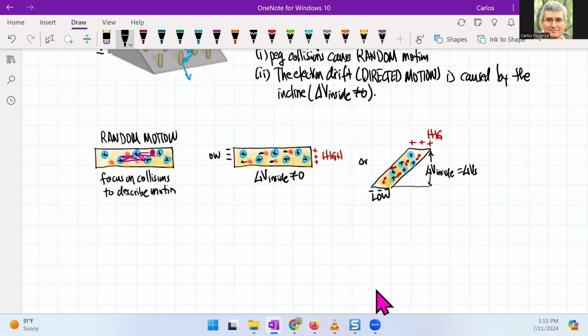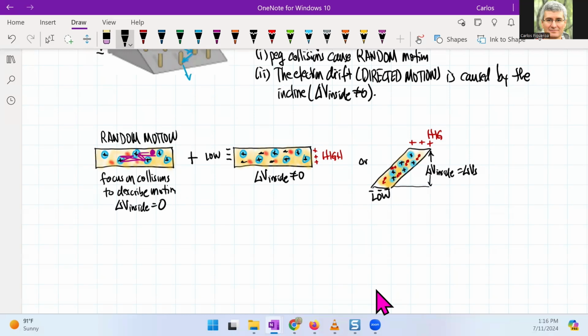Now we put a potential difference across this thing. So in this case, we have a high and we have a low. And even though I didn't write this, I should have. The voltage inside of this thing is zero. It's all because these guys have an internal speed of about 1,000,000 meters per second.